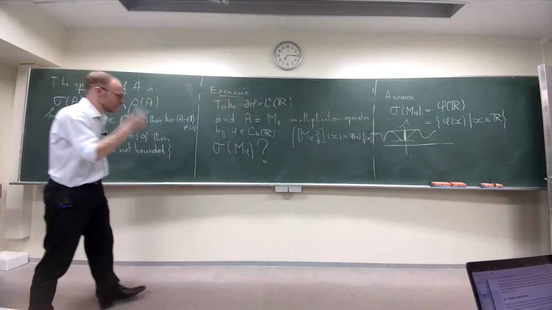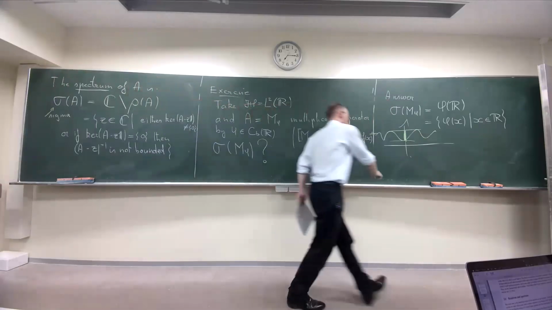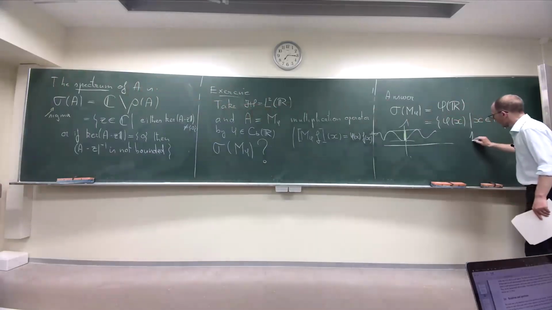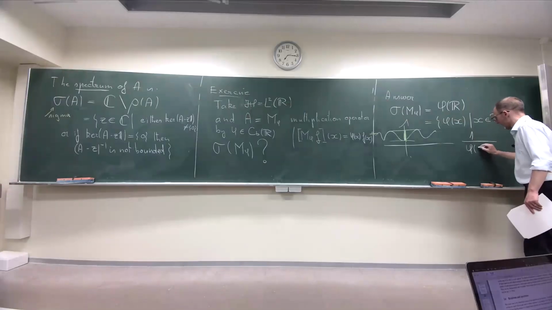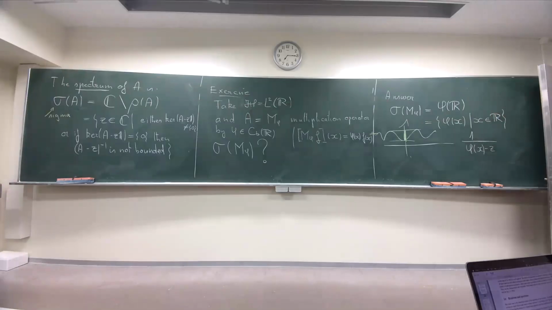Why? Because essentially you have to look at 1 over phi of x minus z, and you want this expression to be bounded. So if this is 0, then it's becoming very big.